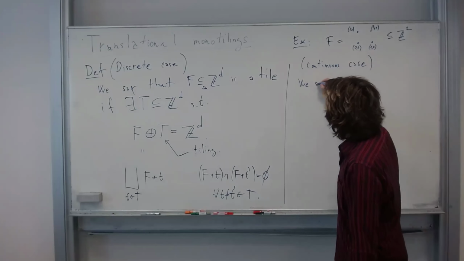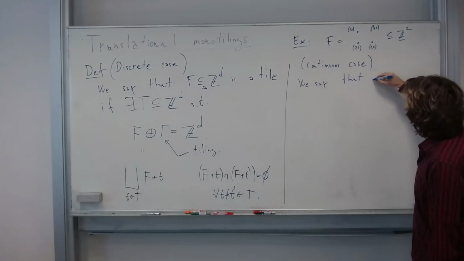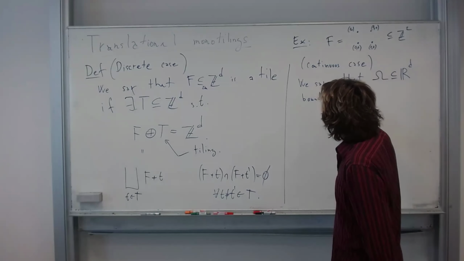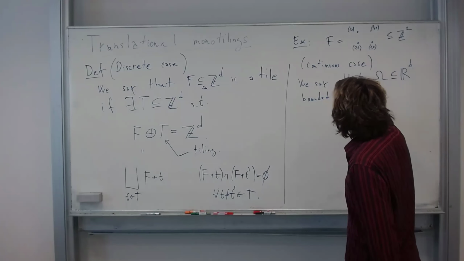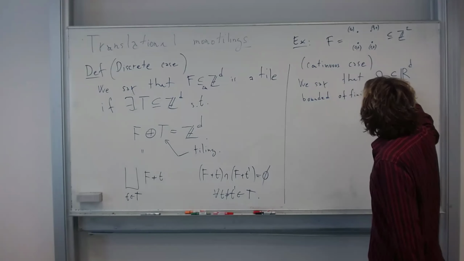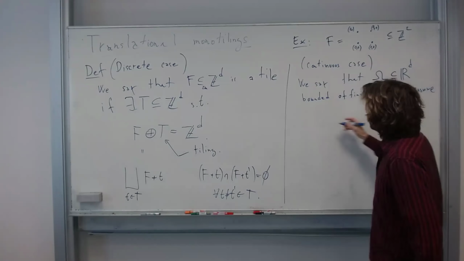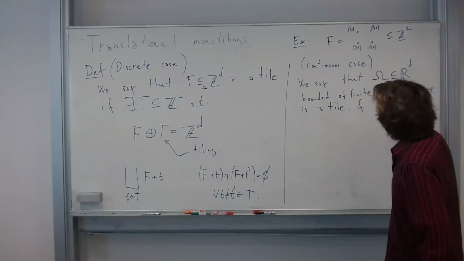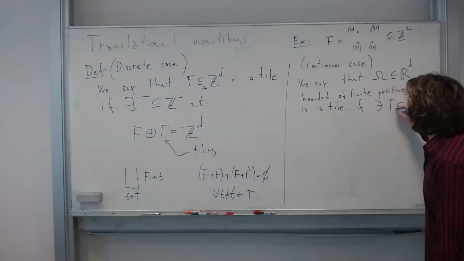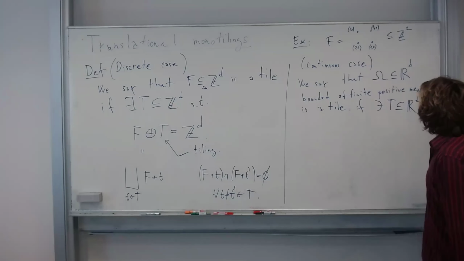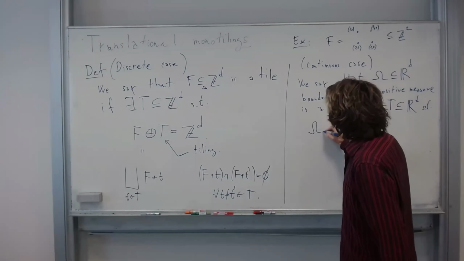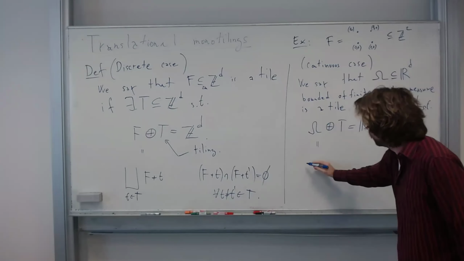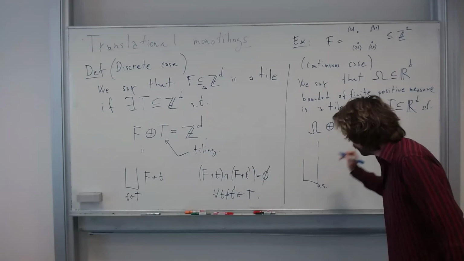We say that a measurable set omega, which is a bounded subset of R^d of finite positive measure, is a tile if there exists a tiling P, this time a subset of R^d, such that the same equation holds, but because we are in the continuous setup, it is now interpreted as a disjoint union up to null sets, almost surely.